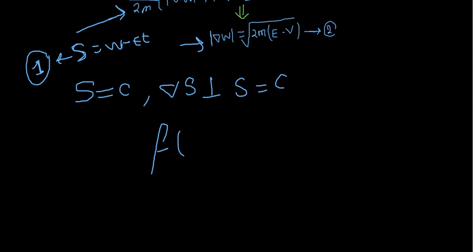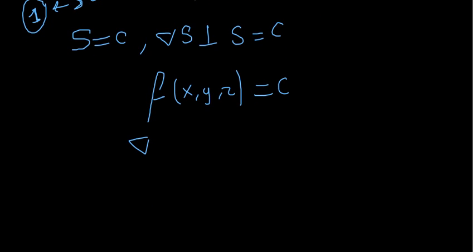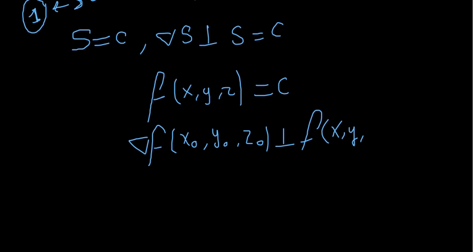If you have f of x, y and z, and that function equals c, then you have right away that the gradient of that function at the point x naught, y naught, z naught is orthogonal to this curve, which we call the level surface at this point.